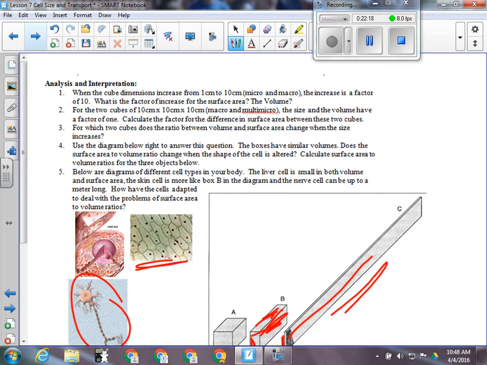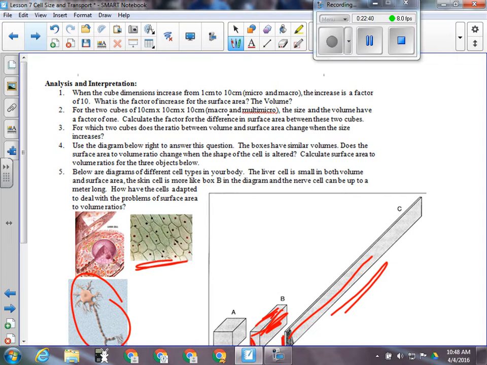And how many times bigger is the volume of macro than micro? So just a little bit of math for you to do there. Number 2 is a similar question, except now they're comparing the two big ones. How many times greater is the surface area of multi-micro than macro? What about the volume? Calculate the factor difference.